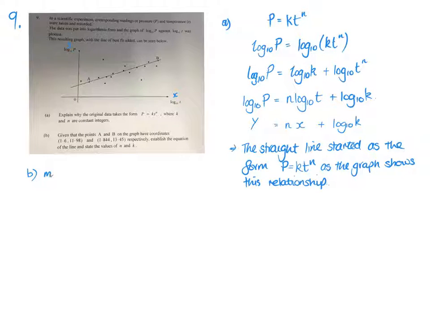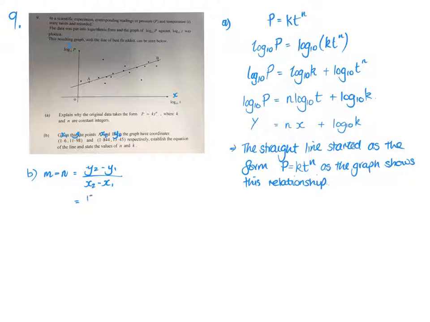So we know that our gradient in this case is equal to the letter n, which is incredibly helpful, because why not keep our constant letters constant. It's y2 minus y1 over x2 minus x1.